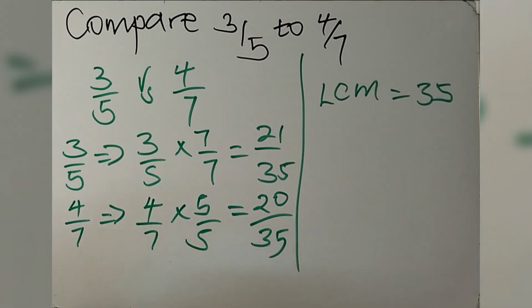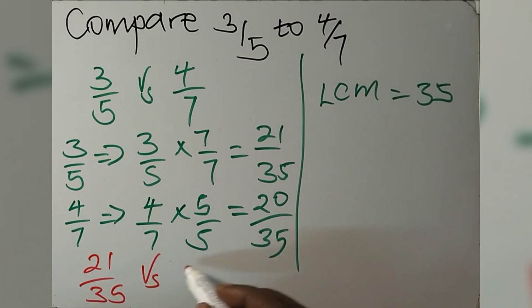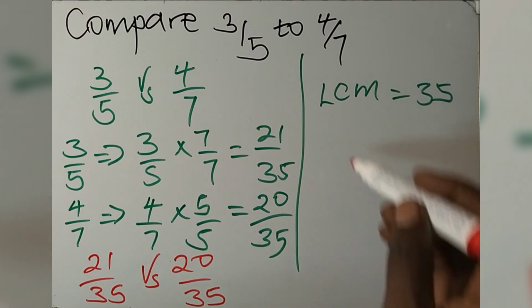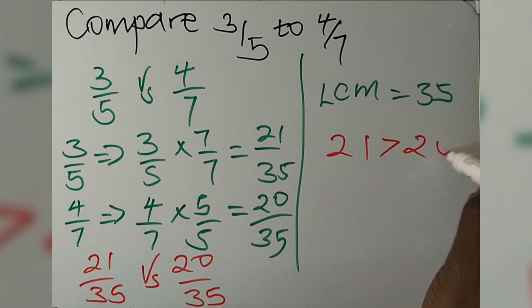So now we are going to compare 21 over 35 versus 20 over 35. Since the denominators are now the same, we are going to compare the numerators directly. 21 is greater than 20.